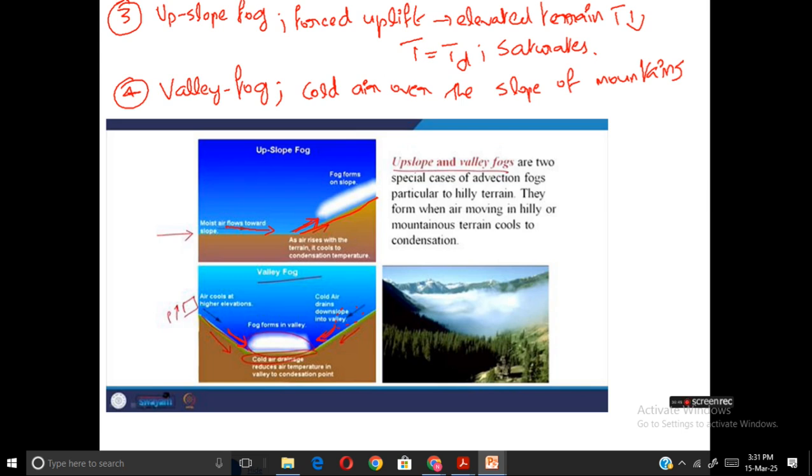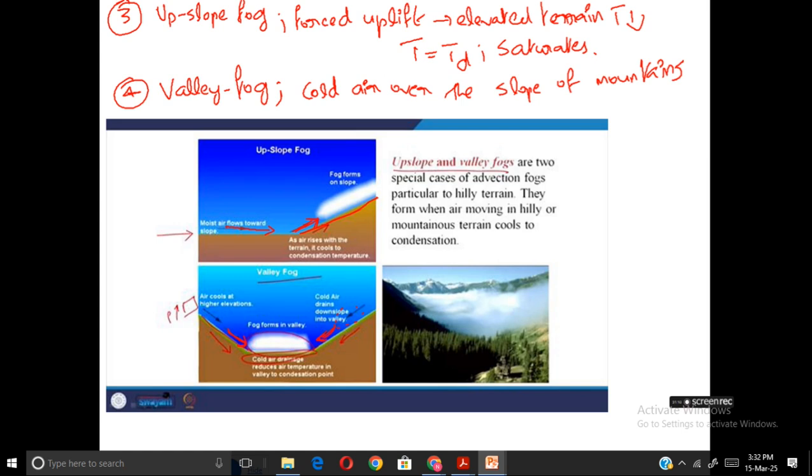And then the third one is upslope fog. It forms when the air parcel is forced to move over elevated terrain. Since the temperature is lower over those regions, it will get saturated. And then the fourth one is the valley fog, which forms when cold dense air settles in the lower parts of the valley.